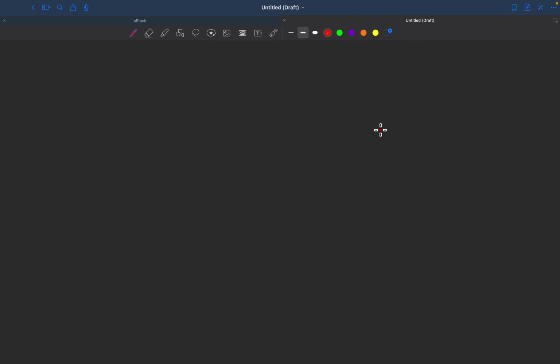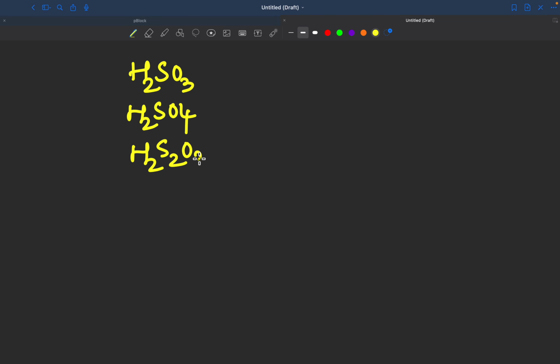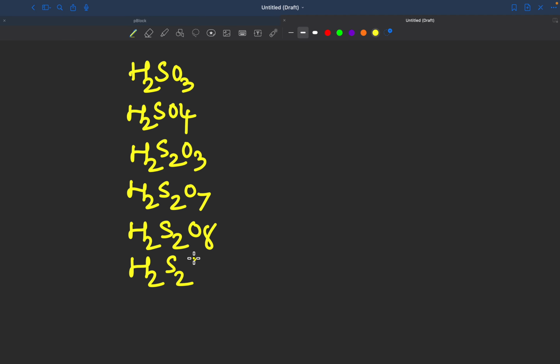So the sulfur acids are, we have H2SO3, H2SO4, H2S2O3, H2S2O7, H2S2O8, and H2S2O5.